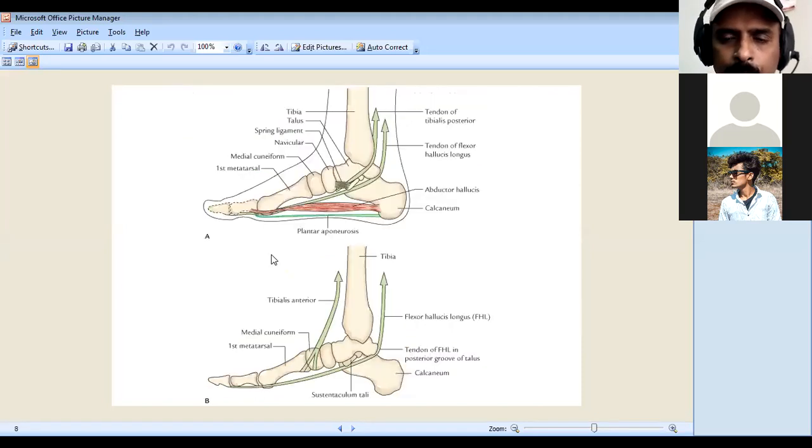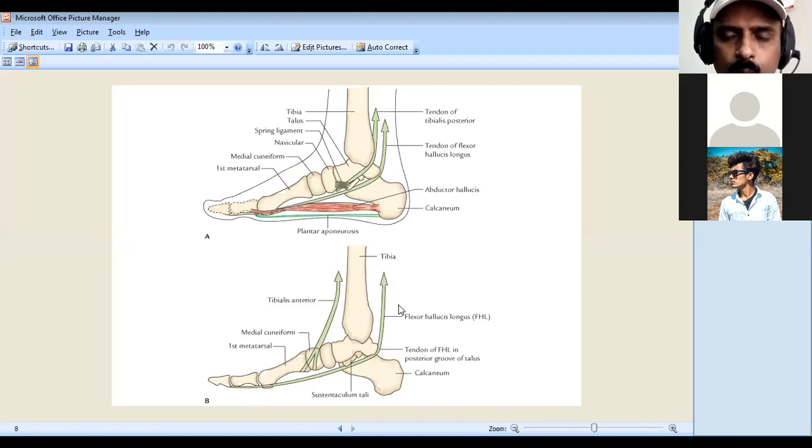Here also you can see how the arch is maintained. We have the spring ligament and medial cuneiform, and also tibialis anterior and flexor hallucis longus, which are also supporting. So all these factors are responsible for maintaining the arches of foot.